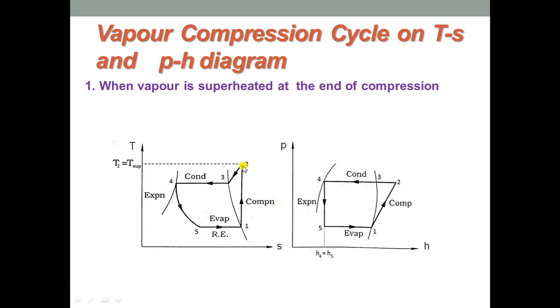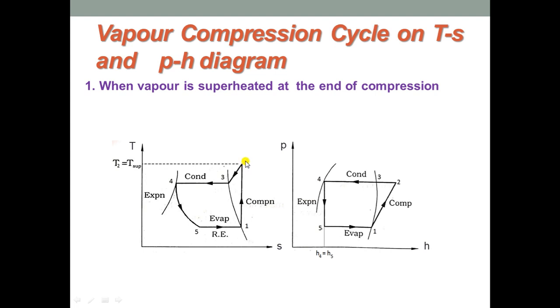The processes 2-3 and 3-4 are condensation processes. The high pressure, high temperature vapor refrigerant from the compressor enters the condenser at condition 2.